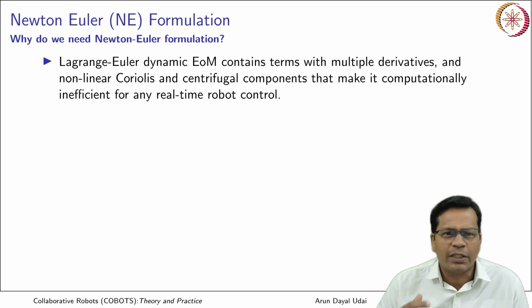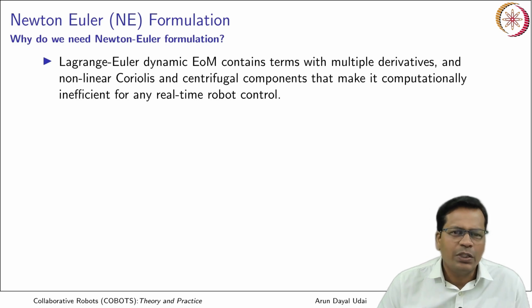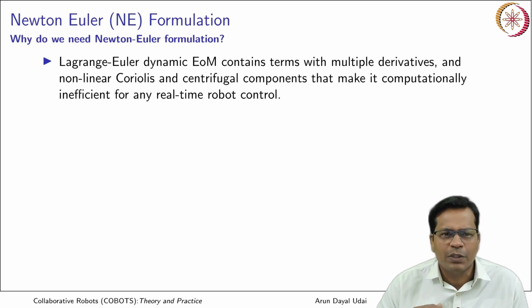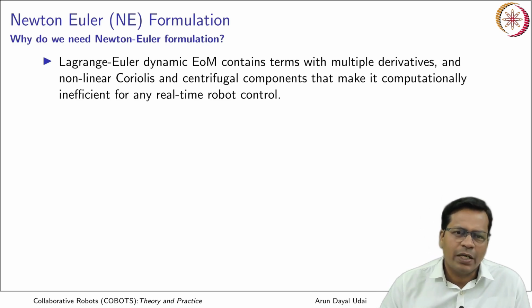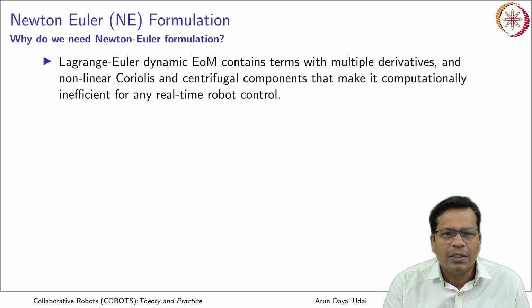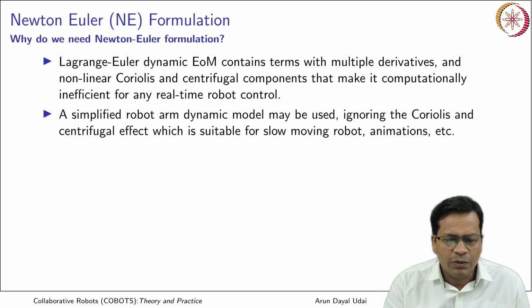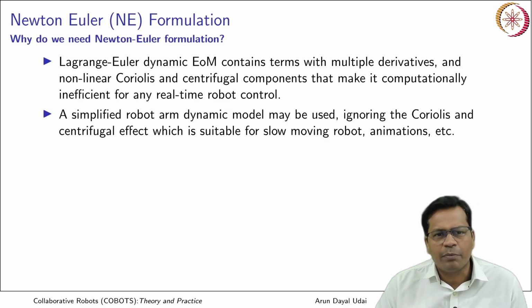In a real-time robot control system, you need to compute the dynamic equation of motion in real time, right? So you continuously feed the data, what is the required trajectory, and you continuously calculate the torque based on these equations. That is the reason it takes quite a lot of time and is not computationally efficient.